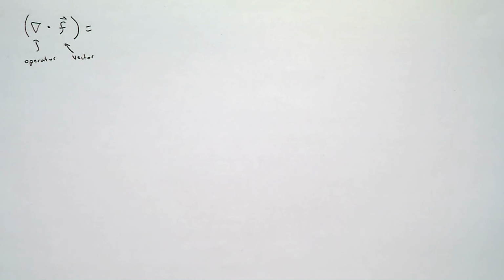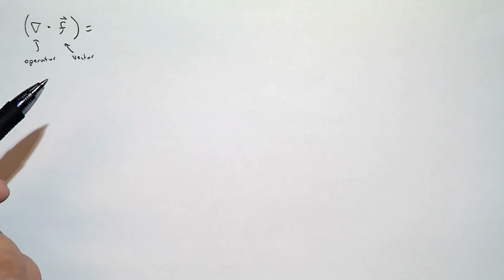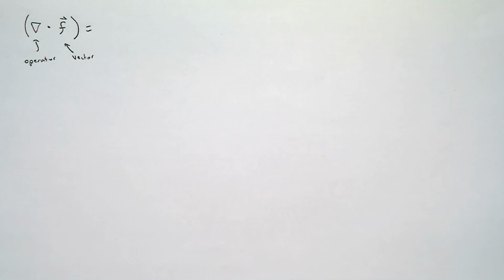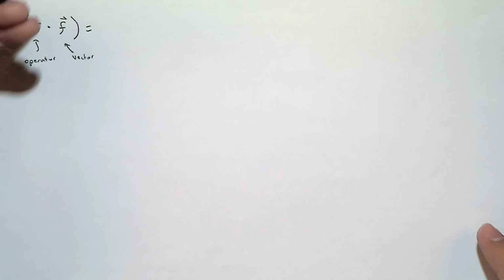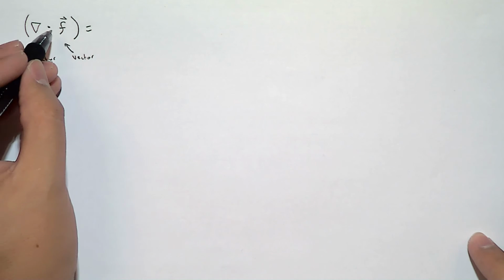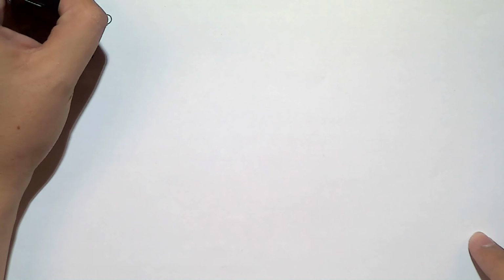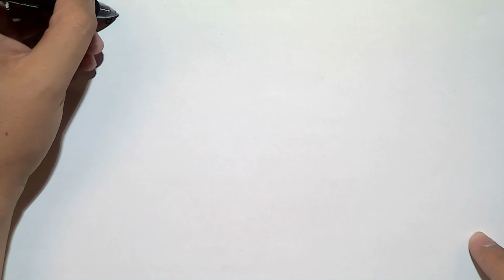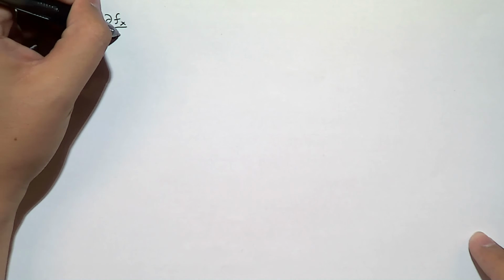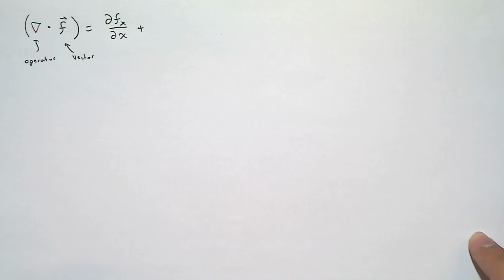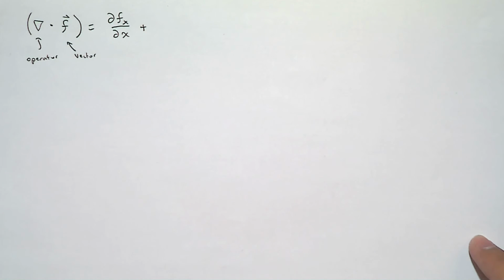Yeah, partial or partial xi, right? And then the x component of my function will be whatever the x component of that function is. I'll just call it f of x. In other words, this gradient operator taken as the dot product of a function becomes partial of fx in the x direction. And then we have the y component of your gradient operator, that's dou y, times the y component of the function.